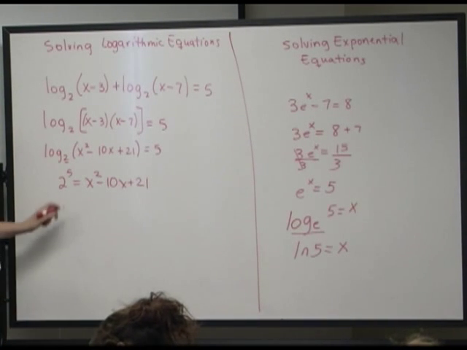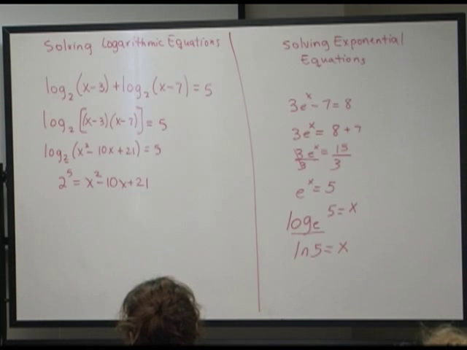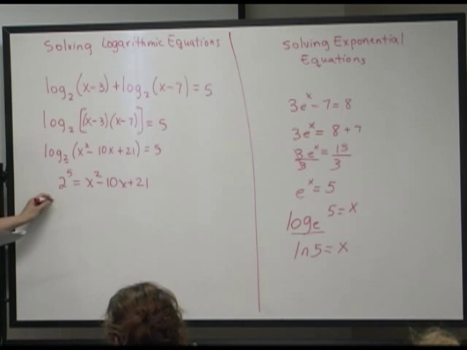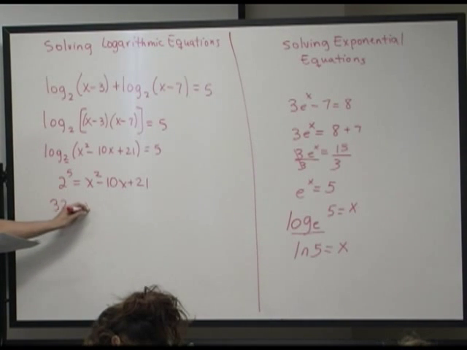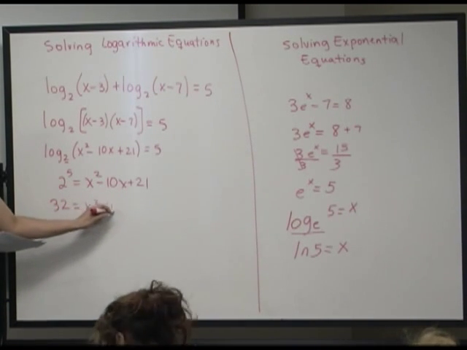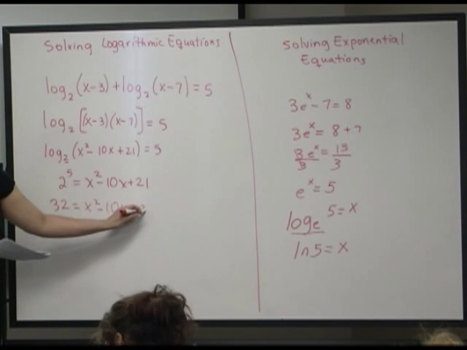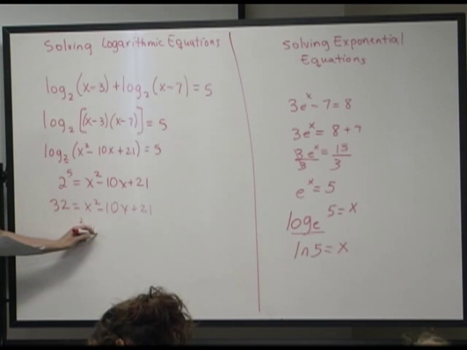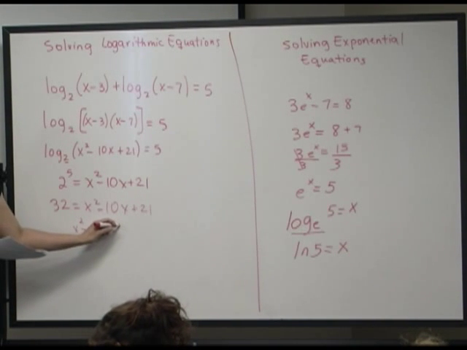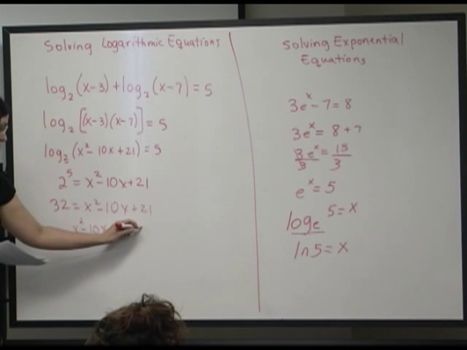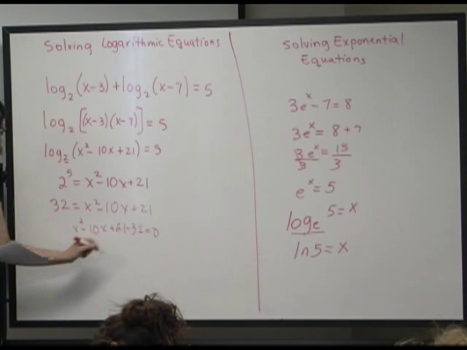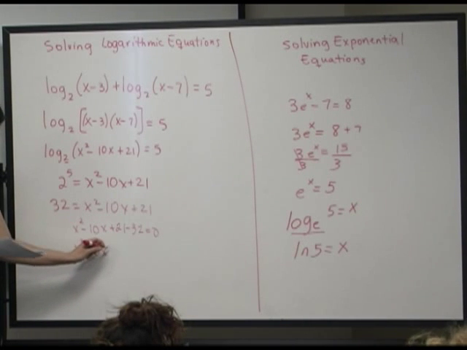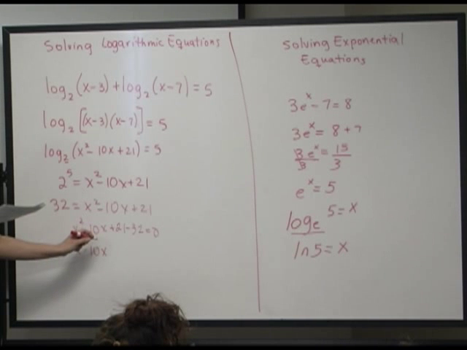Now 2 to the 5 is what? 32. So we have x squared minus 10x plus 21 minus 32, and that's x squared minus 10x minus 11.